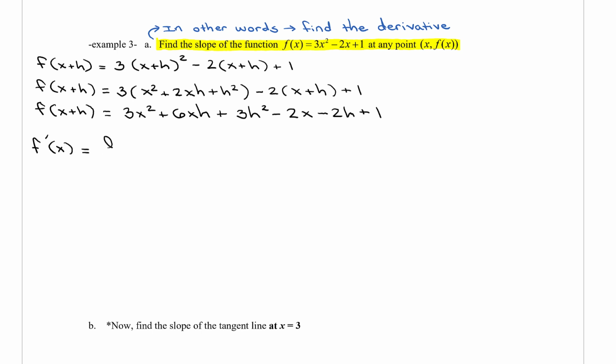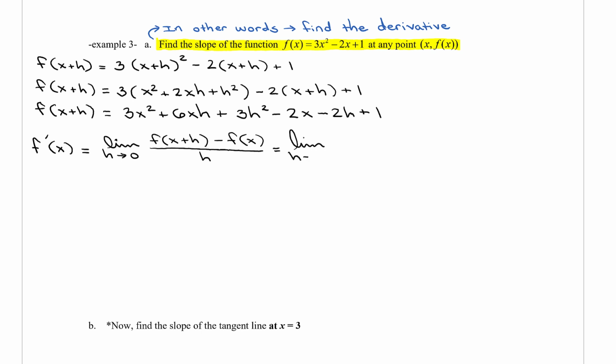So f prime of x is going to be equal to the limit as h approaches 0 of f of x plus h minus f of x over h.